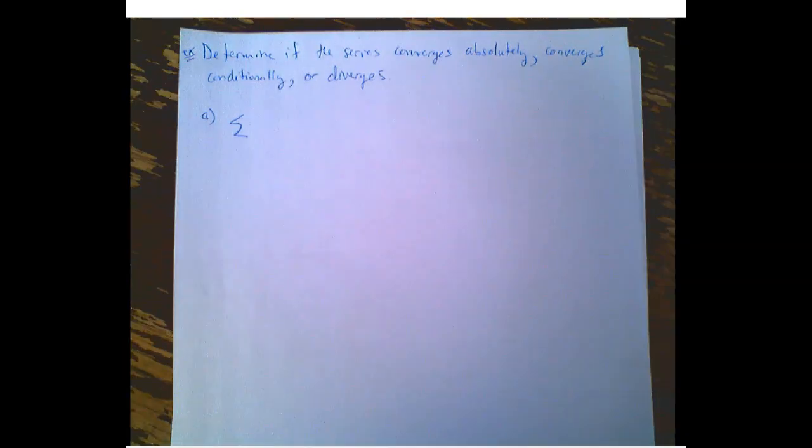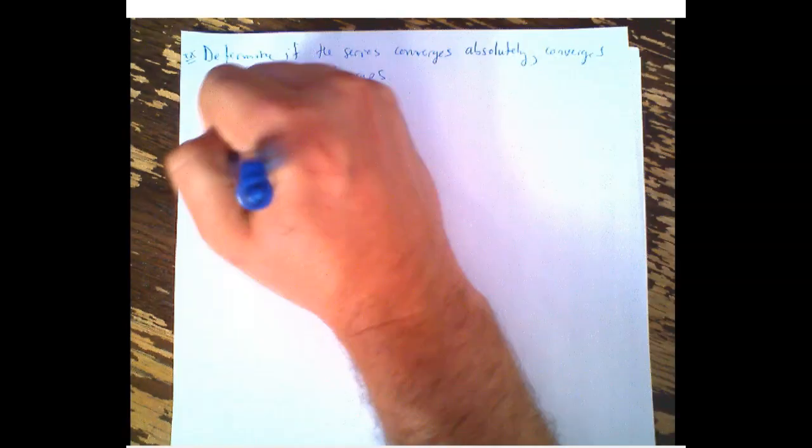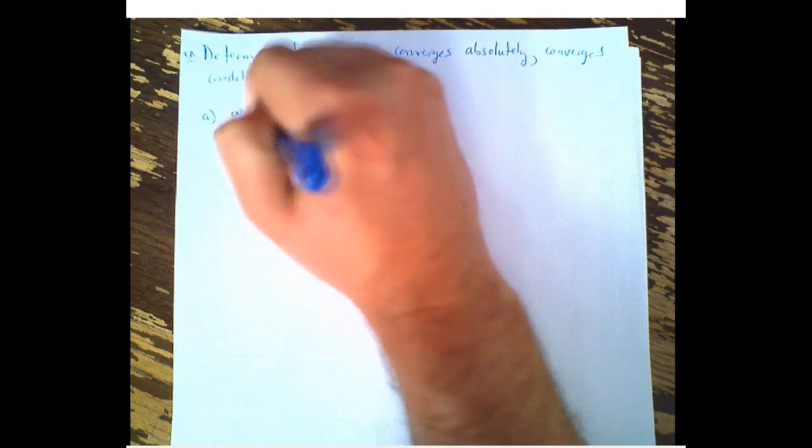So we have this series here, sigma n goes from 1 to infinity, (-1)^n times 2 to the n over n squared.